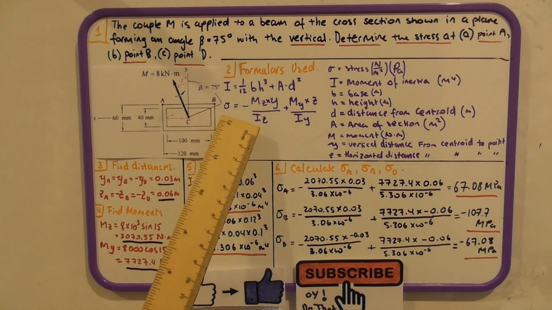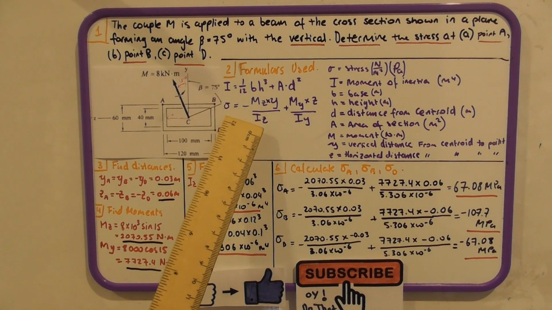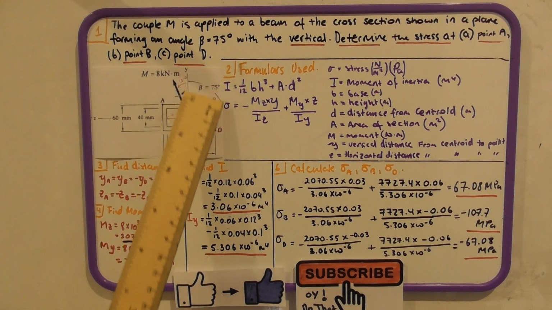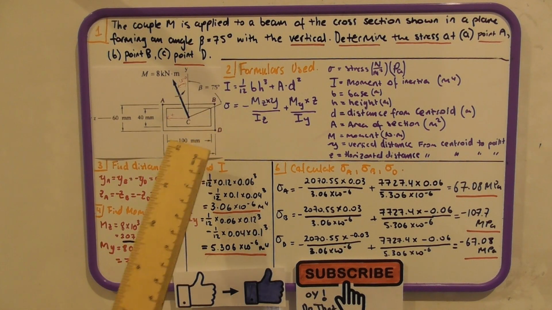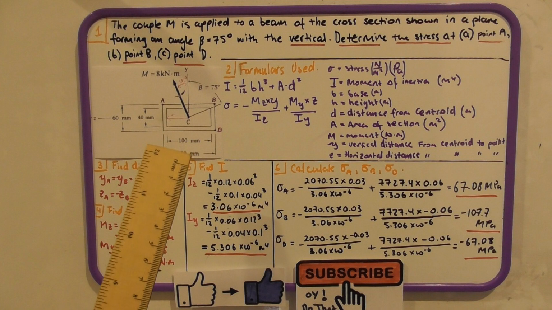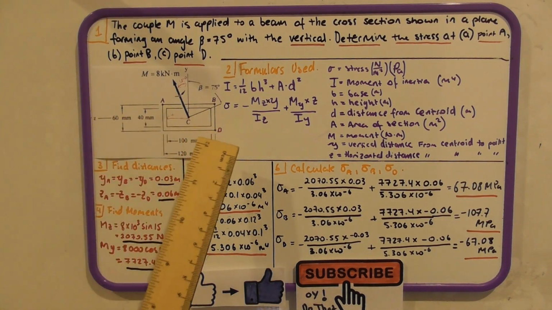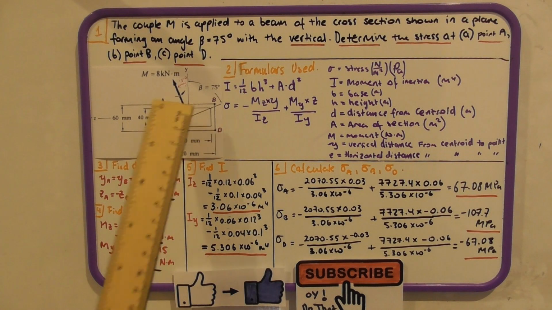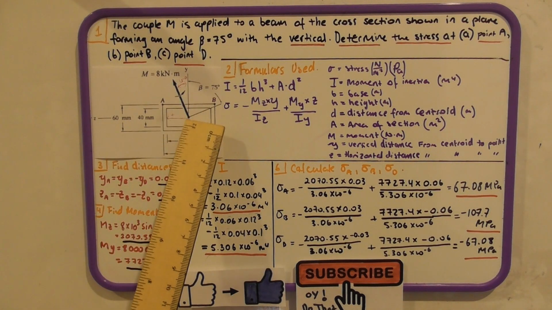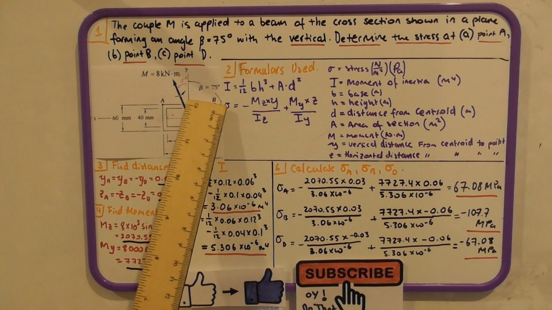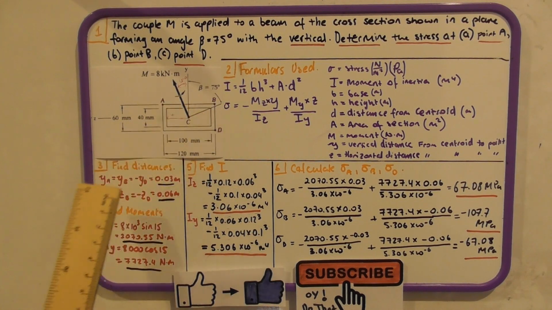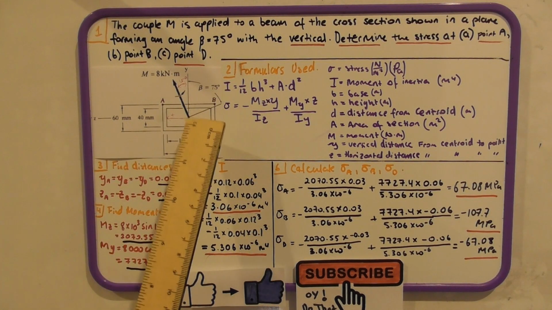The easiest way to do that is to draw an axis up and down, and then we look at the first component on the y-axis, A. Since this is going up the y-axis, YA is positive.